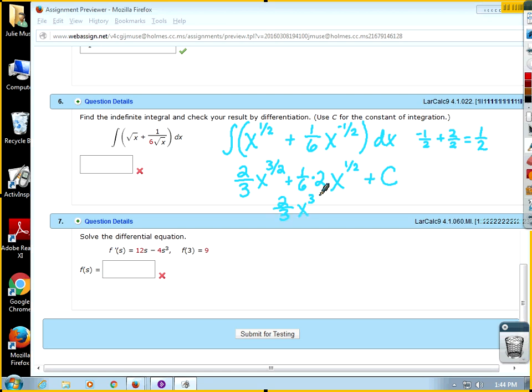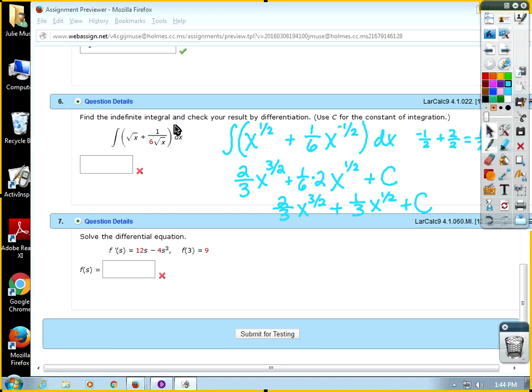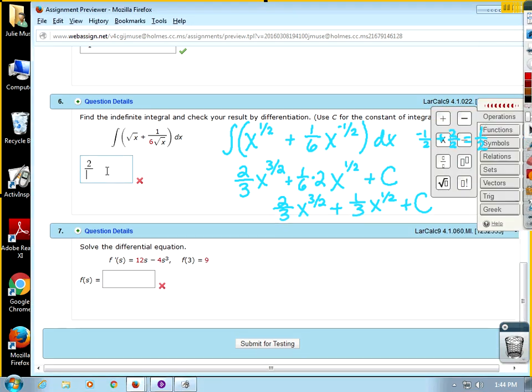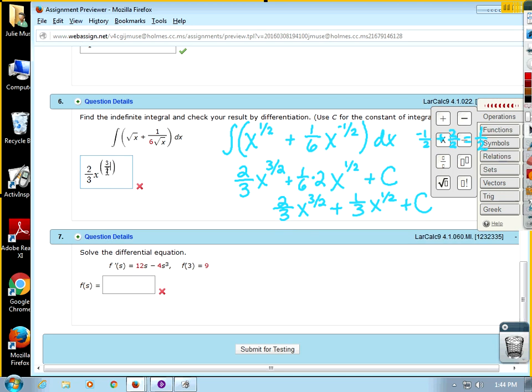Cleaning that up a little, 2/3 x to the 3/2, and then 1/6 times 2 is 1/3 x to the 1/2 plus c. And you don't really need to transfer those back into radicals. You can always just leave these as rational exponents.